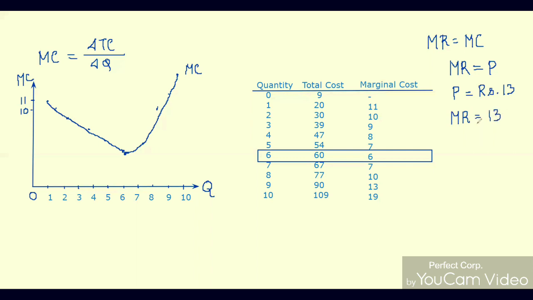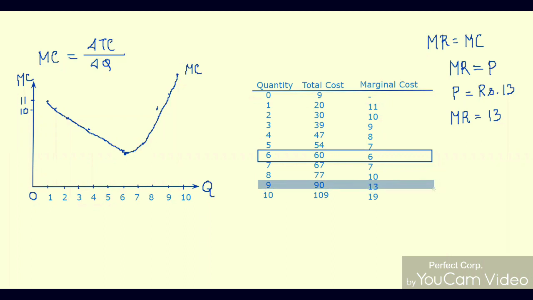So we can write the marginal revenue in this particular case is also 13. Now we need to identify at which output level the marginal revenue, that is 13, is equal to the marginal cost, and we can identify that this is happening at the 9th unit of output.